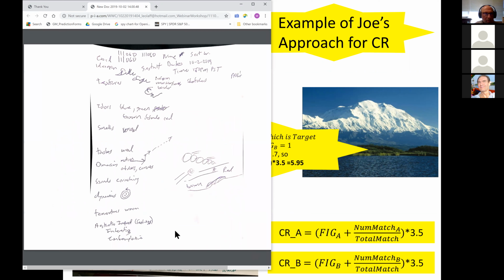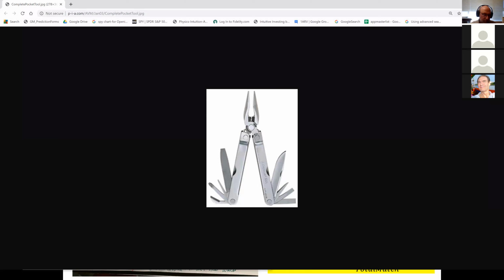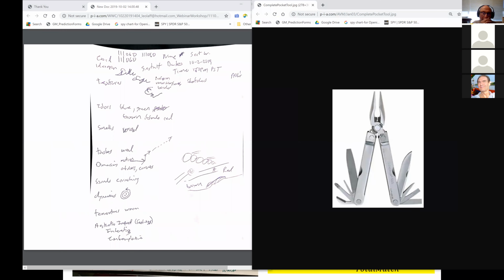Rotate counterclockwise. That was nice. Here's your picture. Very nice, Scott. So I scored that 1.5, but the other target I matched more with.